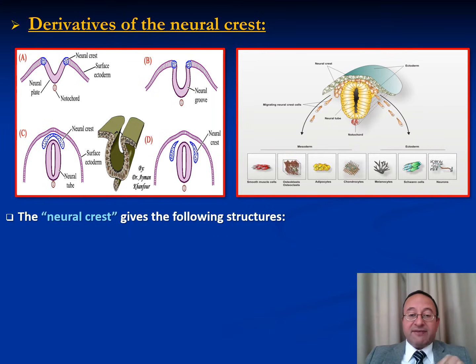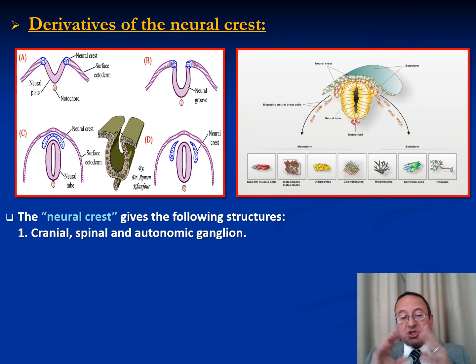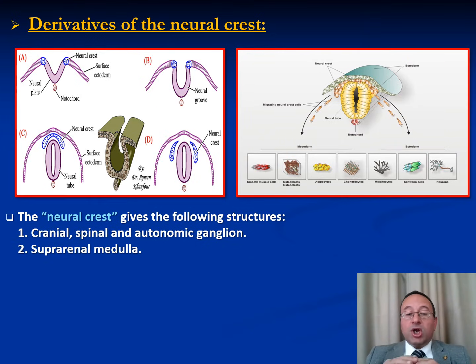Actually, it gives rise to a large number of derivatives. You have to know them well. What are the derivatives of the neural crest cells? Number one, group of ganglia, which are cranial ganglia, spinal, and autonomic ganglia. Suprarenal medulla.